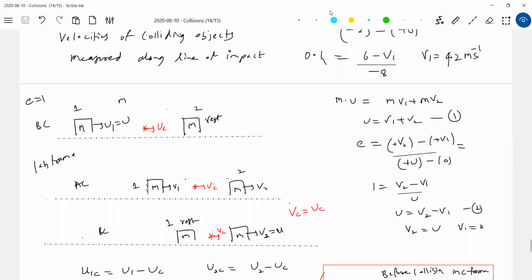So what is the conclusion we can make now? As V C equals U C, therefore net external force acting on the system is 0. Therefore, you have to conserve momentum. So why do we have to conserve momentum? There's a reason. Due to collision, the velocity of center of mass didn't change. So therefore net external force is 0, so therefore momentum is conserved.